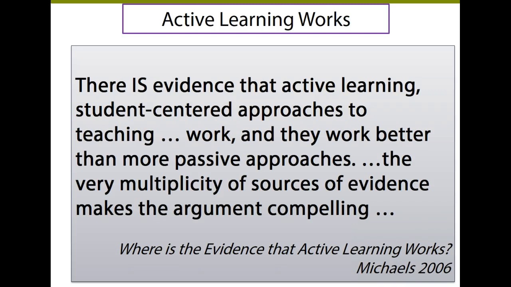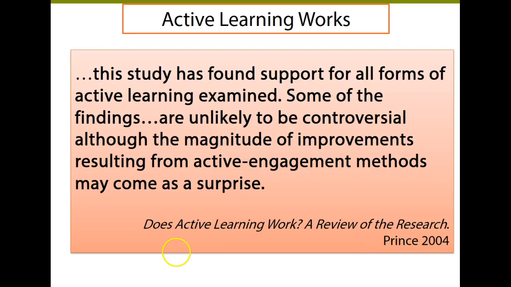It works better than more passive approaches, and the multiplicity of sources makes this argument compelling, and that's from the Michaels meta-analysis. And the Prince meta-analyses said something pretty similar. Active learning works. All forms of active learning works. A lot of it's not controversial, but the magnitude of the improvements shown in active learning came as a surprise.